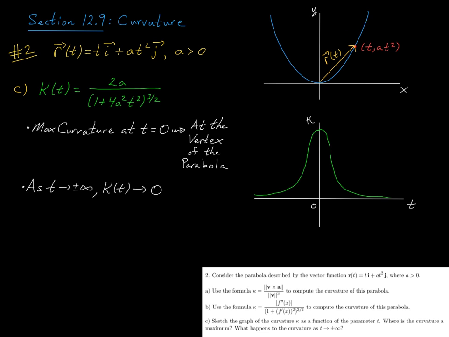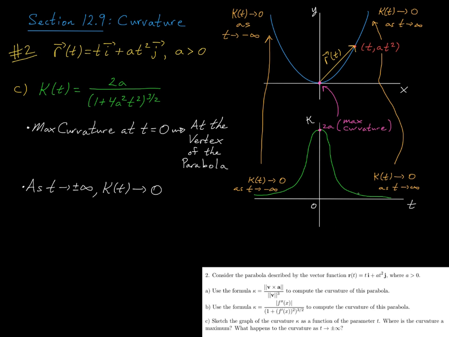Although the curve is going to continue to increase, the rate at which our unit tangent vector has to turn in order to continue along the path is going to approach 0. That's what we're getting from these tails of our curvature graph that you see right down here.